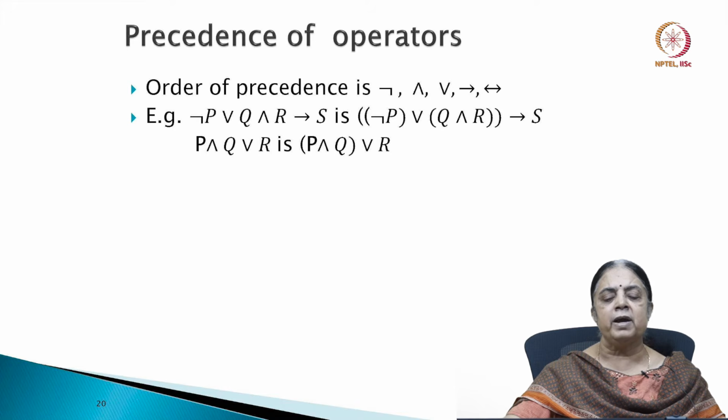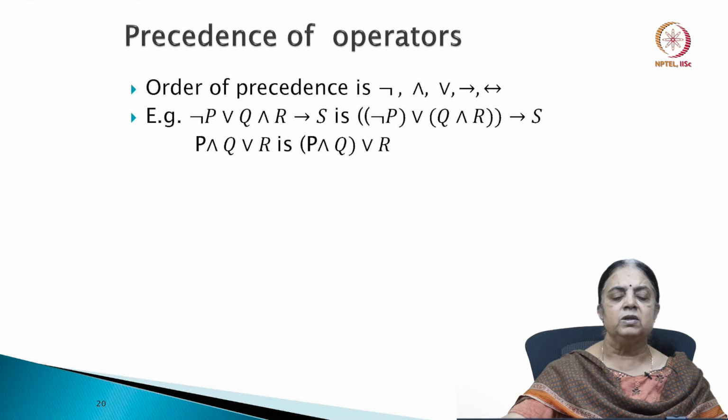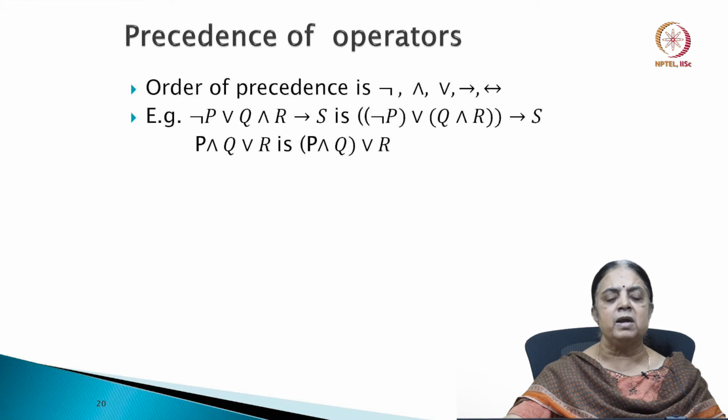So Q and R you can put within the brackets like this, and then the or, and then the implication. So the implication comes last. So if you take something like this, P and Q or R, so this will be P and Q in brackets or R, if you follow the order of precedence.